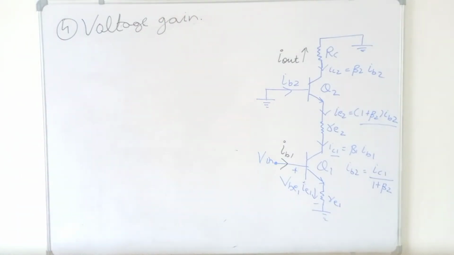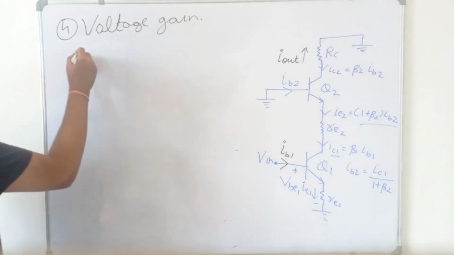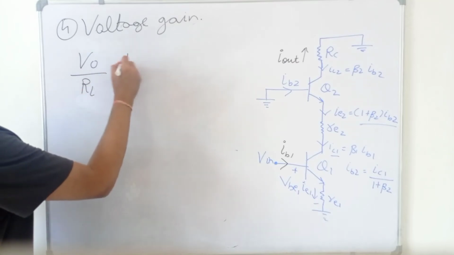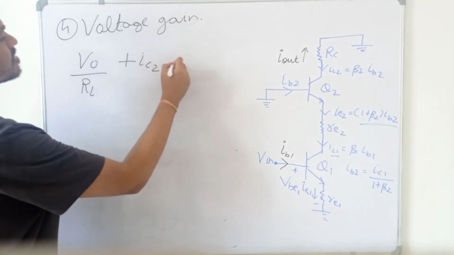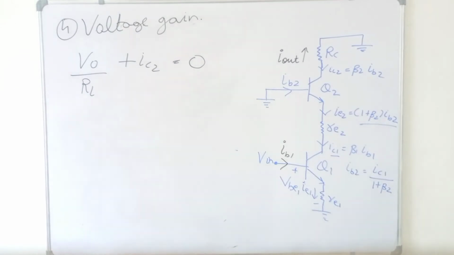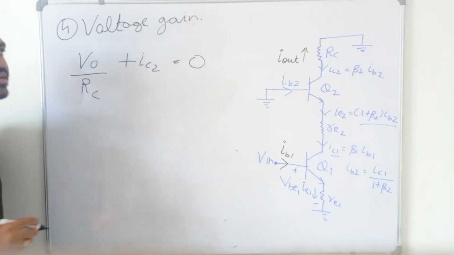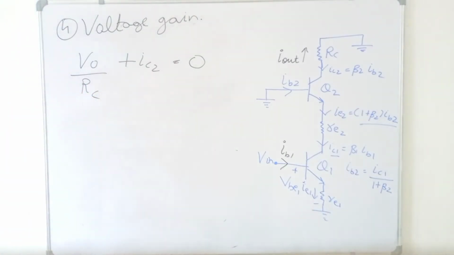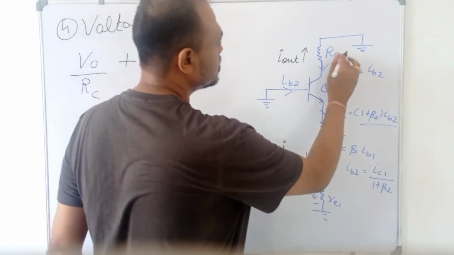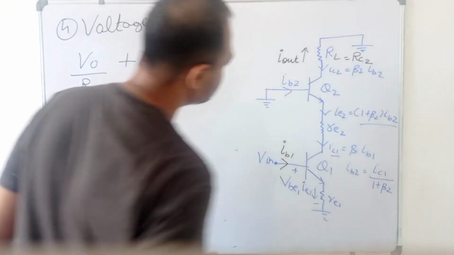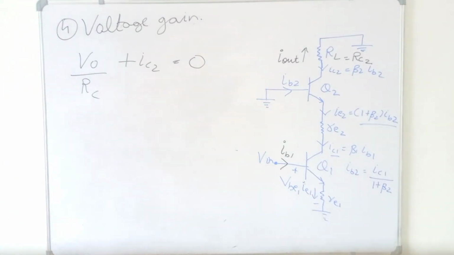If you apply KVL at the output, it will give V naught upon RL plus IC2 equal to 0. The load resistance is nothing but the resistance of this collector, RC2, so we can write RL equal to RC2.